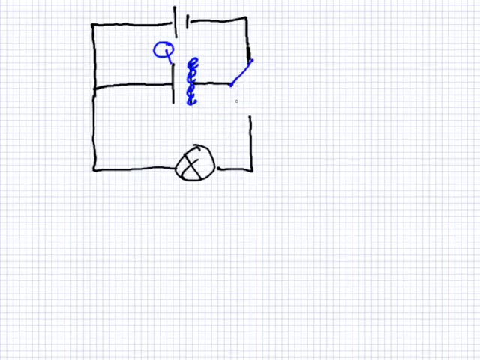Then you move the switch down, so then this is gone, and the electrons continue on their journey. Once I close the circuit, the electrons come out. They're released. So this is the capacitor and this is the charge Q here.